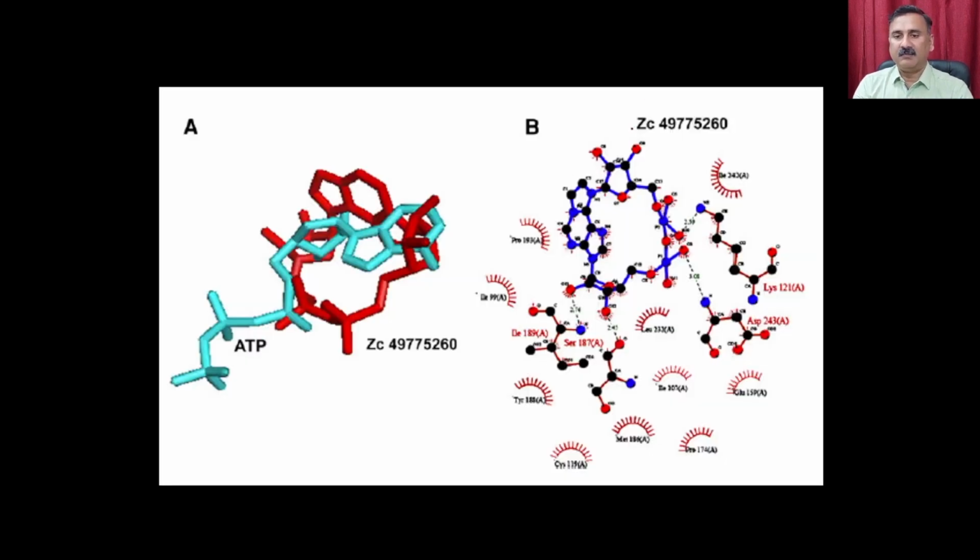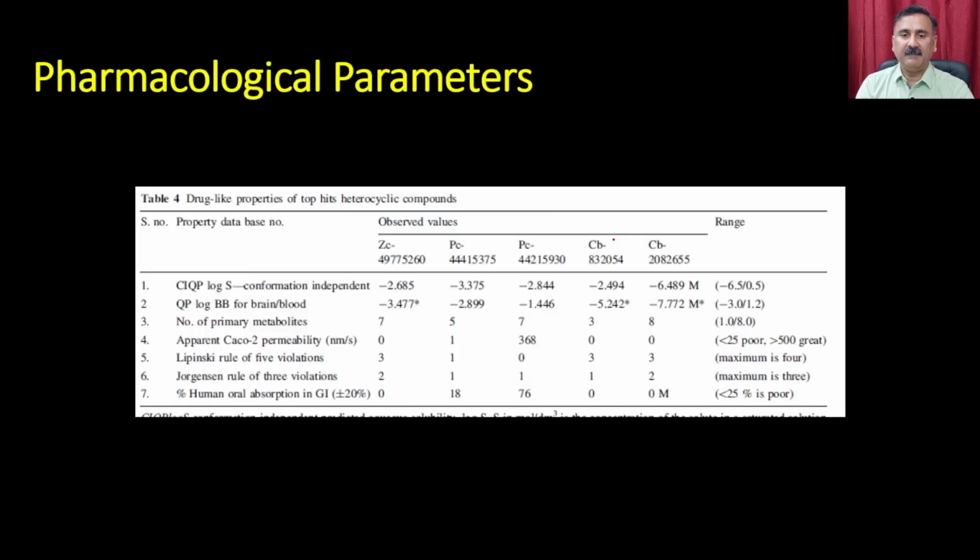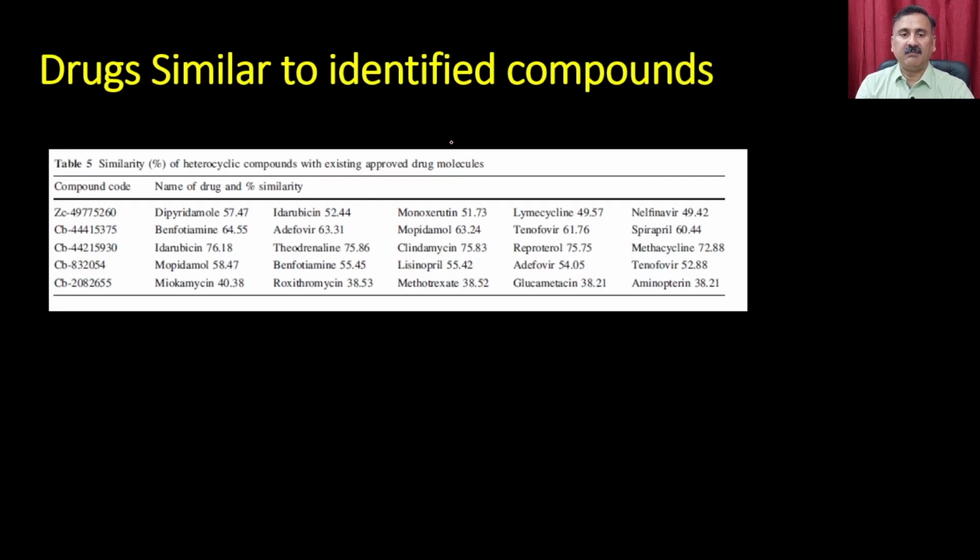Then this is the best molecule we identified from the database, and we studied its drug-like properties. We found that this molecule follows the Lipinski rules and other parameters. Then we used that molecule to identify similar drugs present in the database.